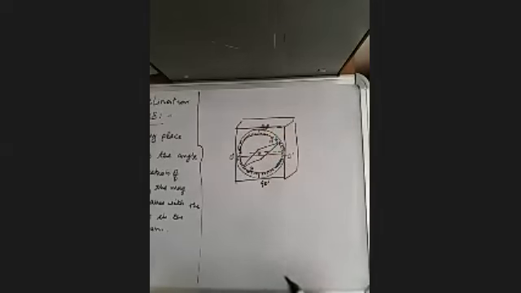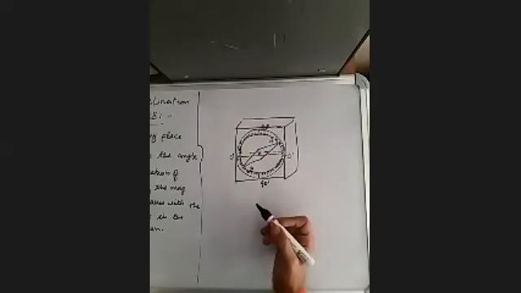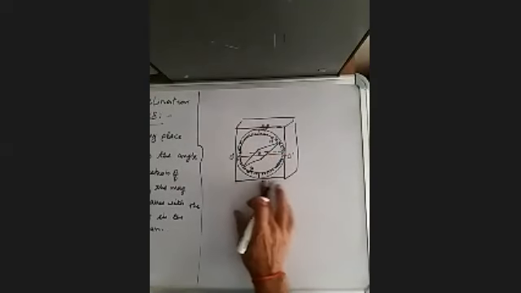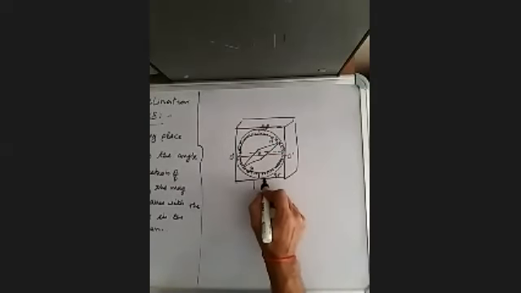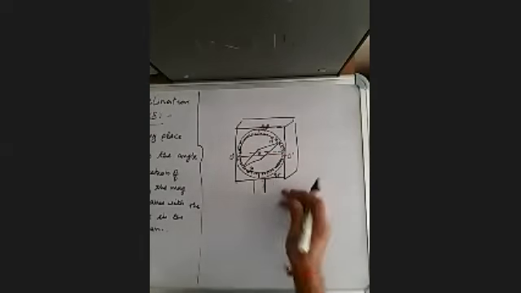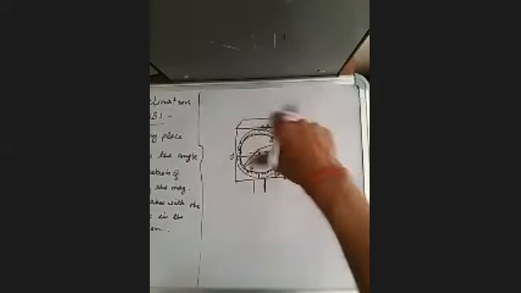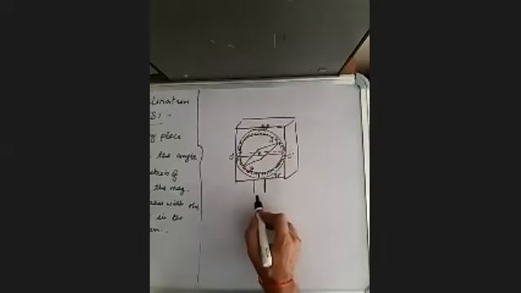Basically, it is a compass, but in a vertical plane, and this is pivoted on a vertical axis. That means this also can turn in the vertical plane.